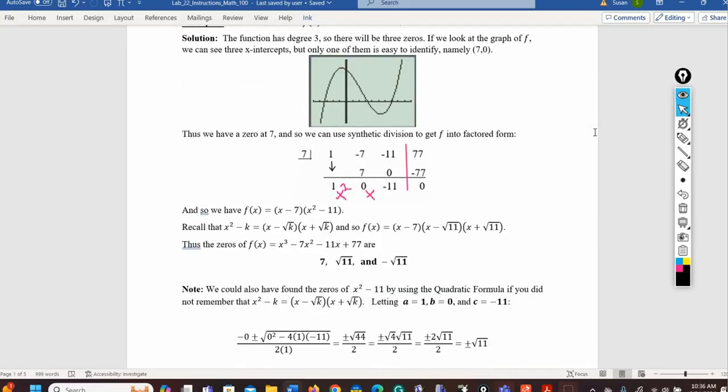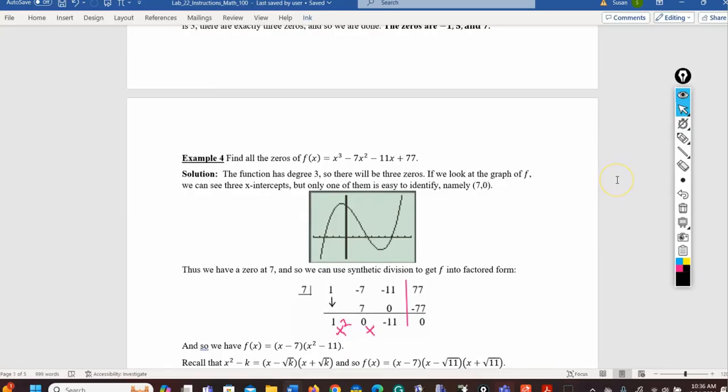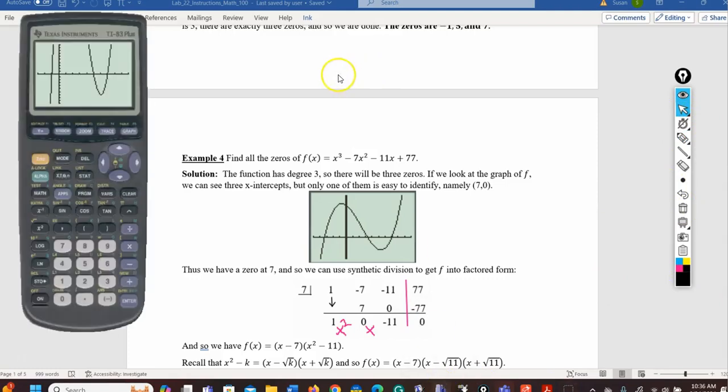Find all the zeros. Okay. So again, it has degree 3. So there's going to be 3 zeros. And let's look at the graph. So again, I'm going to get my calculator up here, and I'm going to clear that.